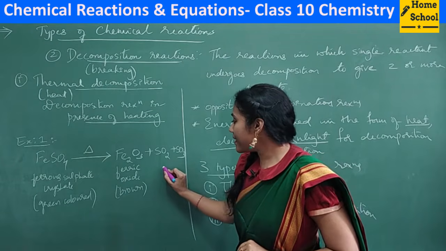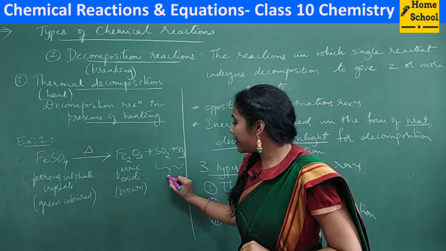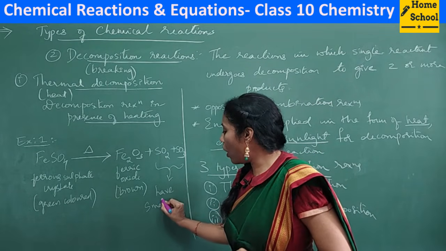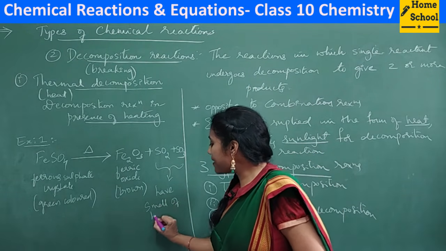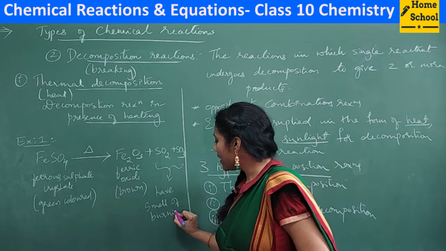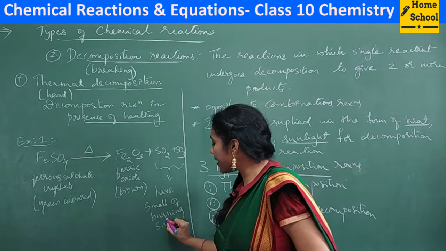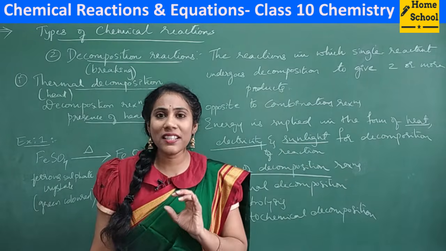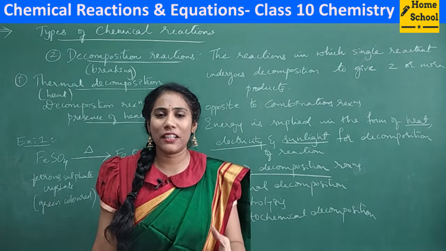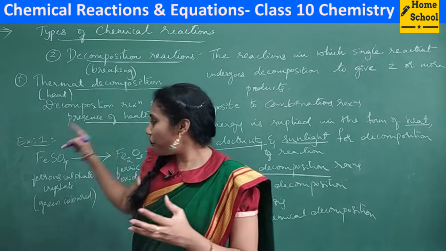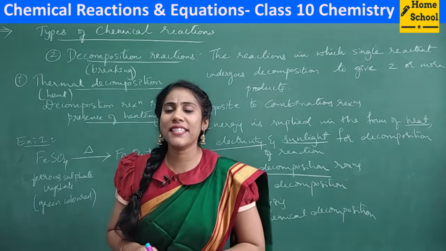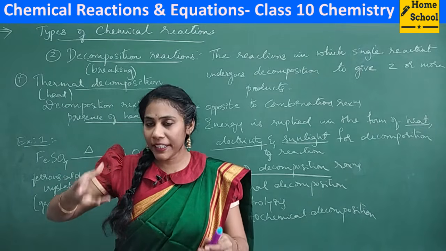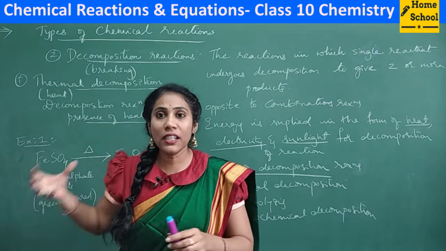And these gases will have the smell of burning sulfur. Whenever sulfur burns, you will have a very bad smell actually. So when you start heating these ferrous sulfate crystals, automatically the green crystals would convert into brown color powder.